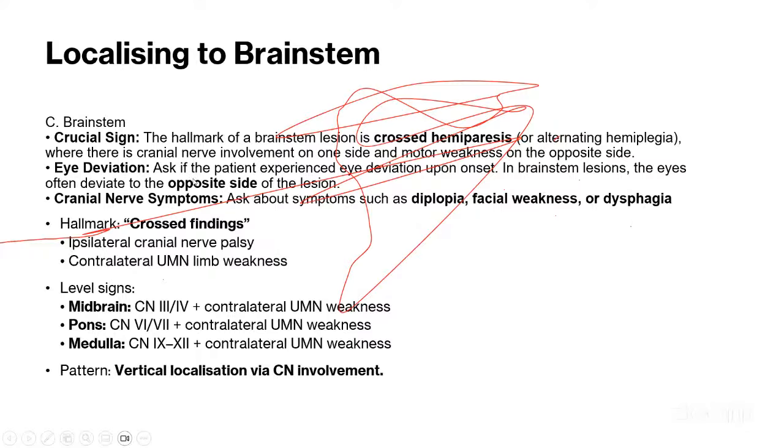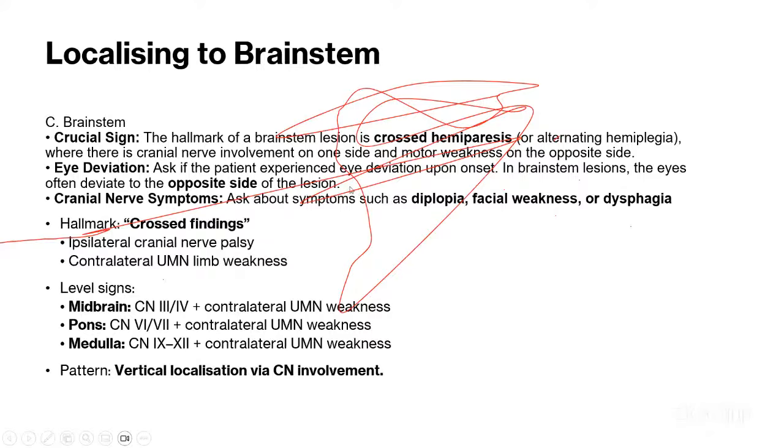So for the brainstem, the points which help us localize towards the brainstem lesion: cruciate sign. It's a crossed hemiplegia in the brainstem. Cranial nerve involvement on one side, and the motor weakness is present on the opposite side. Another one is eye deviation.